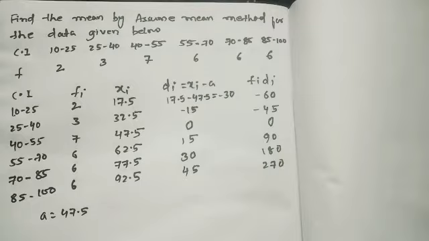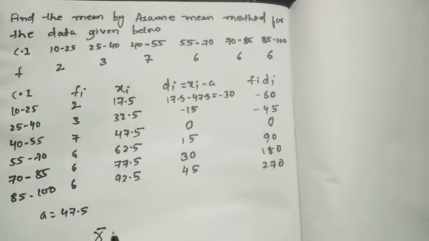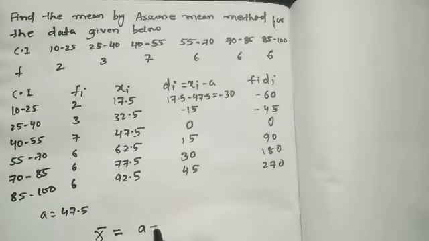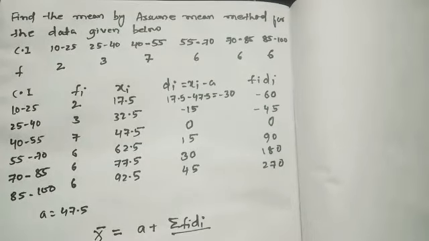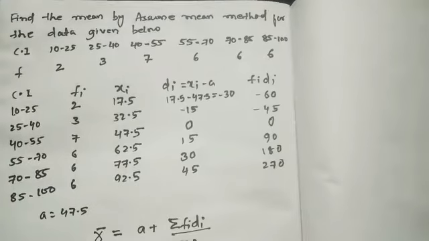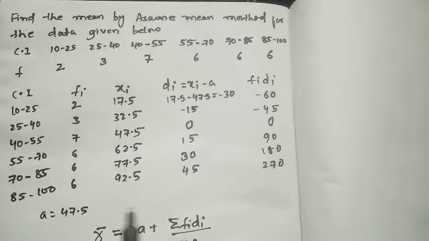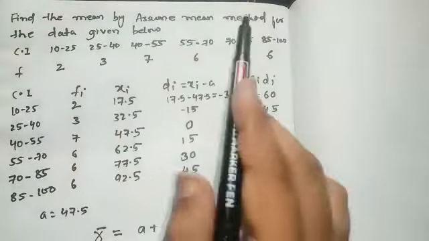Let's see what is the formula to find the mean by assume mean method. The formula is x bar is equal to a plus sum of fi into di divided by sum of fi. This is the formula to find mean by assume mean method.